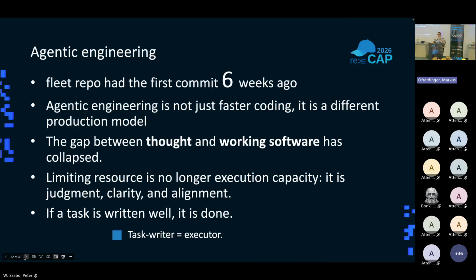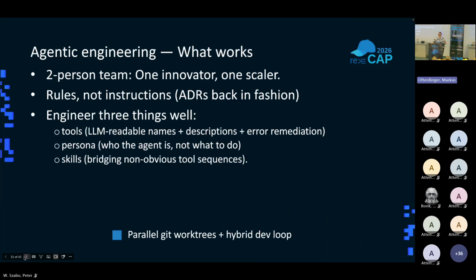And this means small teams, one person is an innovator, one is a scaler, those work on a feature and give rules, not instruction. And if you engineer those 3 things, the tools, the persona, and the skills, you engineer them well, then you skyrocket your development speed. Thank you so much.